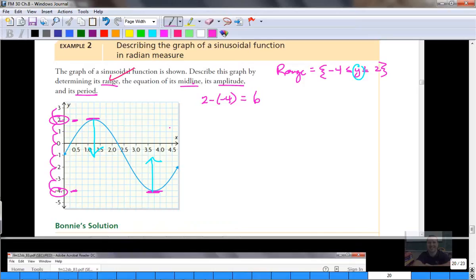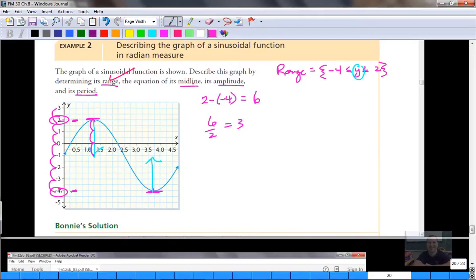Okay? The midline is half of that range there. Half of that. And you subtract that from the top, or add it to the minimum. So if we have 6, 6 divided by 2 is 3, and so you subtract 3 units from the max. 1, 2, 3.